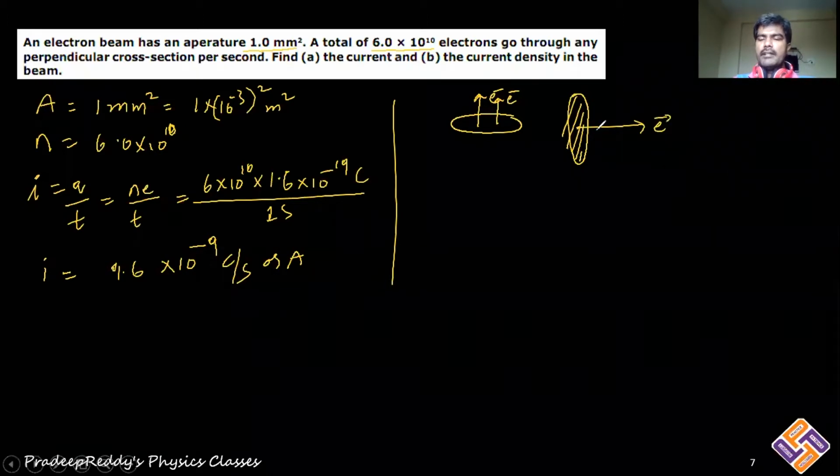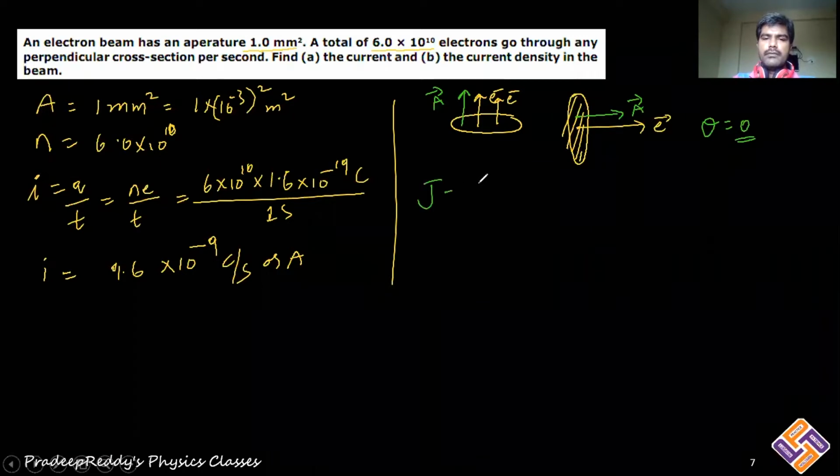If electrons are going perpendicular to the area of cross section, obviously the area vector is also perpendicular to the area of cross section. So what about theta here? Theta is equal to 0. Then you can find out current density.